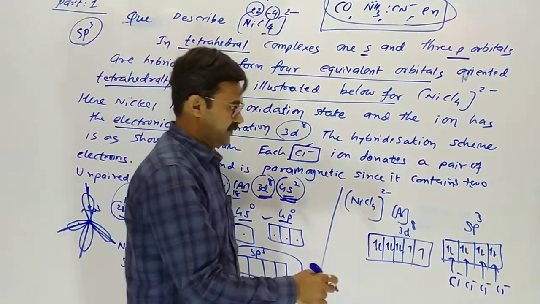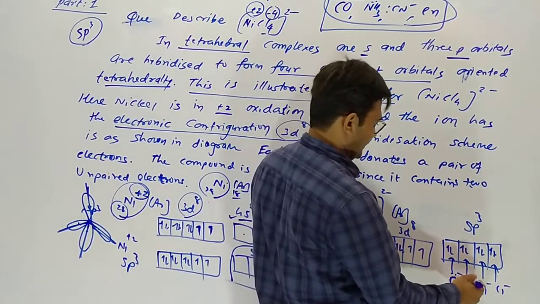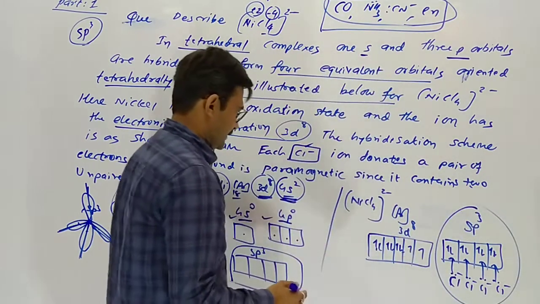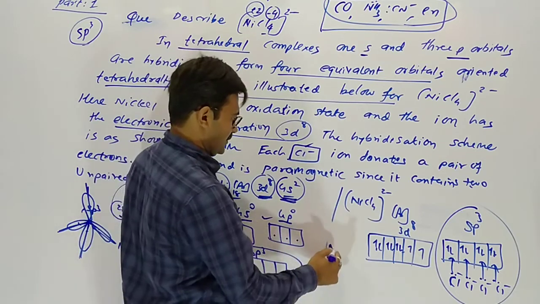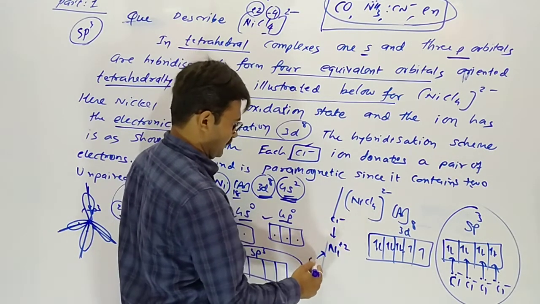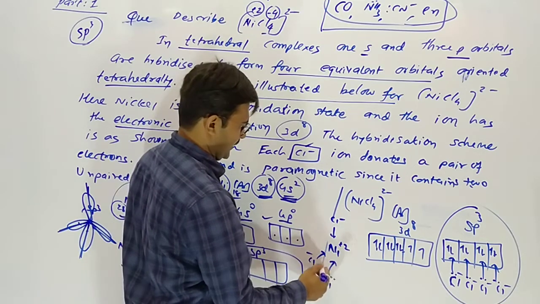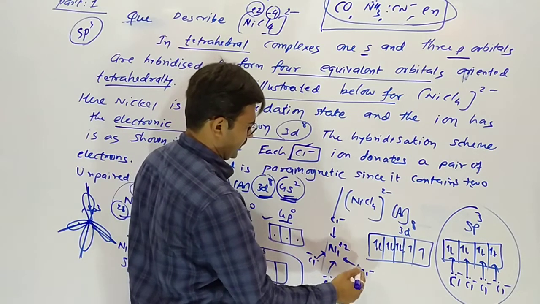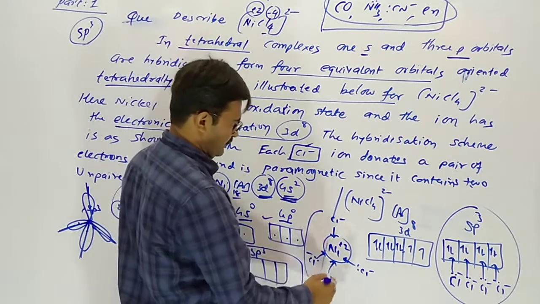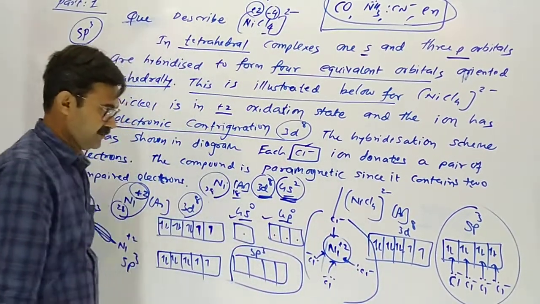Understood? From there the chloride ligands donate electron pairs to the metal and it gives a tetrahedral shape. So one Ni plus 2 is combining with 4 chlorides by coordinate covalent bonds and the shape is tetrahedral.